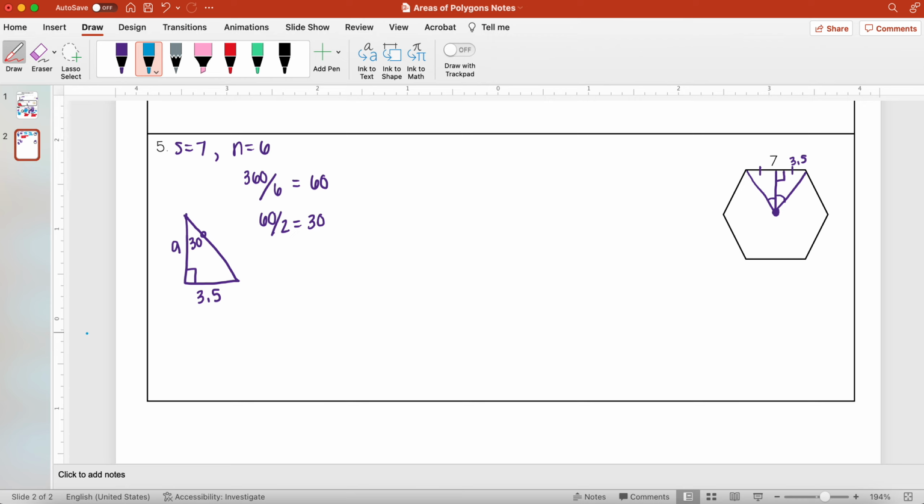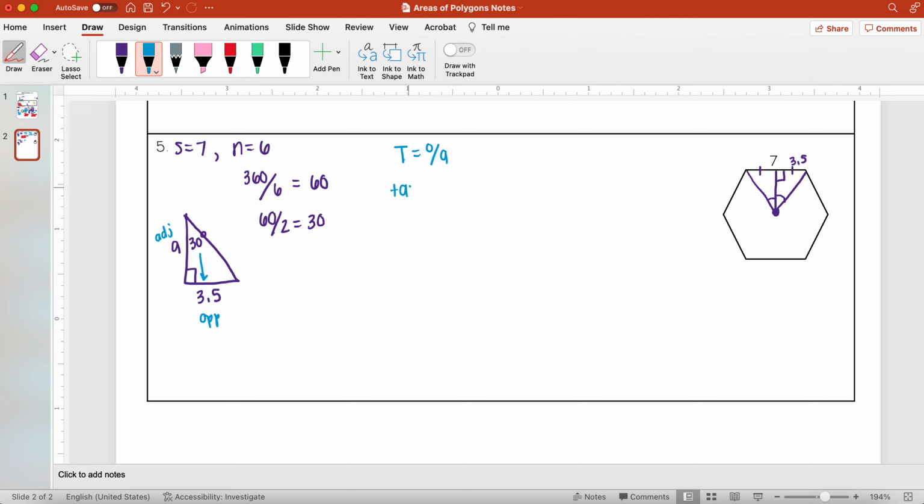And now I can go ahead and use some trig. And so I see, compared to this 30 degrees, my A is adjacent to it. My 3.5 is opposite of it. And so thinking of SOHCAHTOA, that means that this is going to be TOA. Tangent is equal to opposite over adjacent.